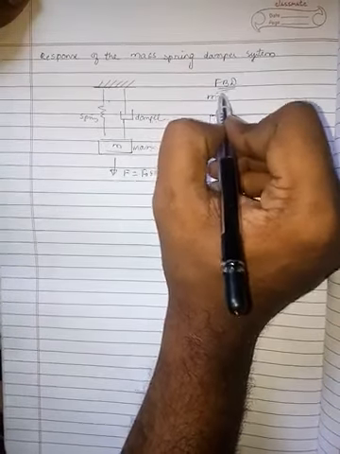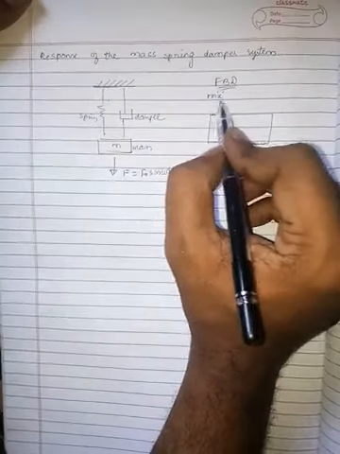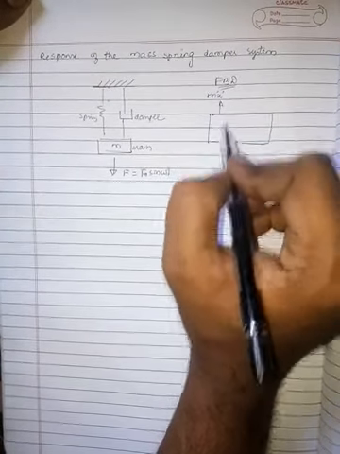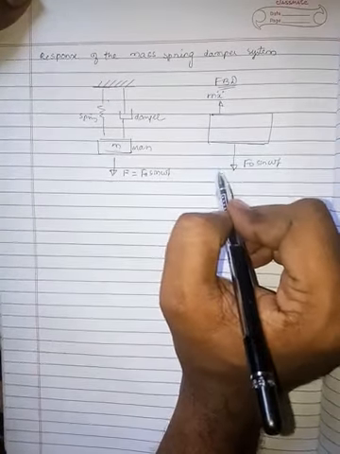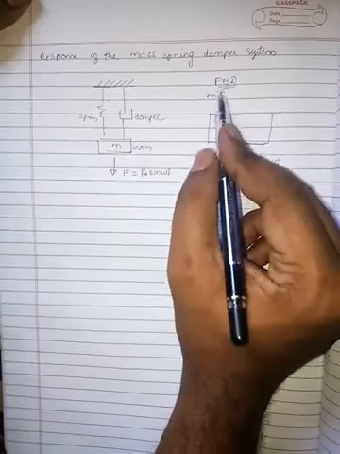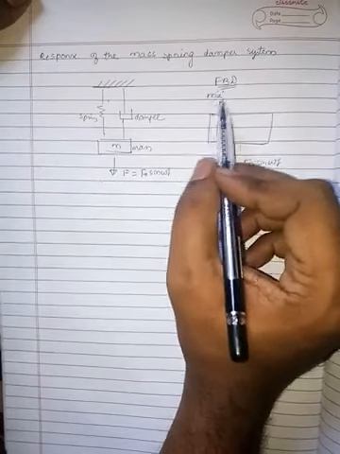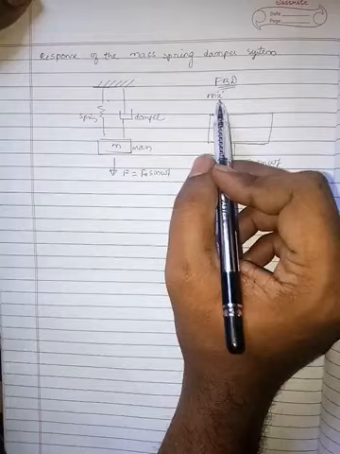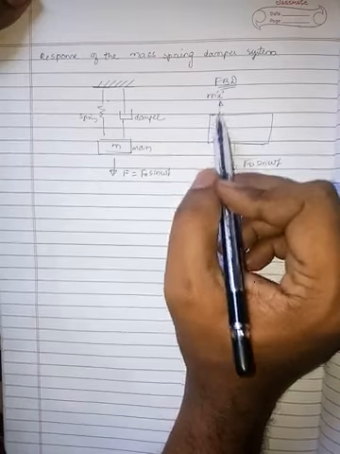M x double dot is the inertia force. M x double dot, if it is shown downward, then it is the accelerating force. If it is shown upwards, then it is the inertia force. The magnitude of the accelerating force and inertia force are the same but opposite in direction.